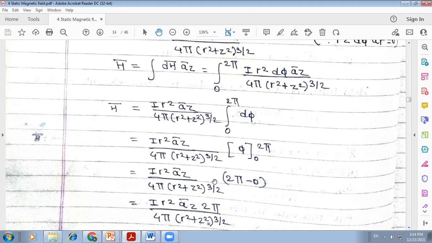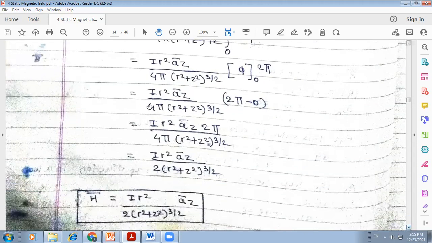Pi gets cancelled, 2 by 4 is 1 upon 2, and all other terms stay as they are. The equation we get is I R square A bar Z divided by 2 into R square plus Z square raised to 3 by 2. This is the final equation for the magnetic field intensity due to a circular current loop.